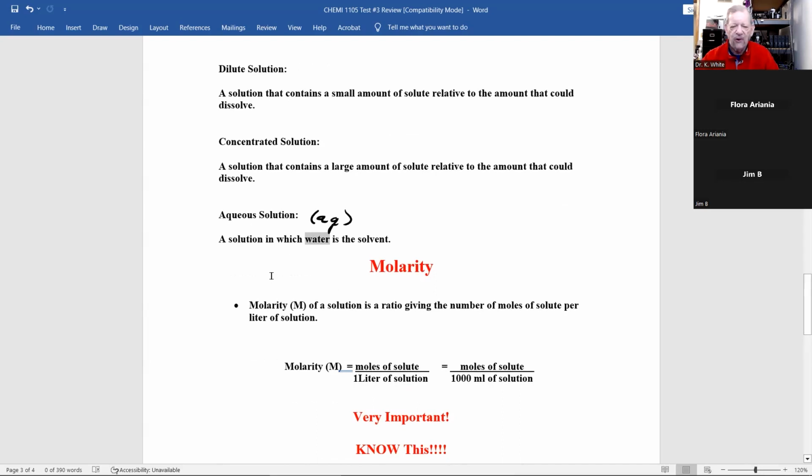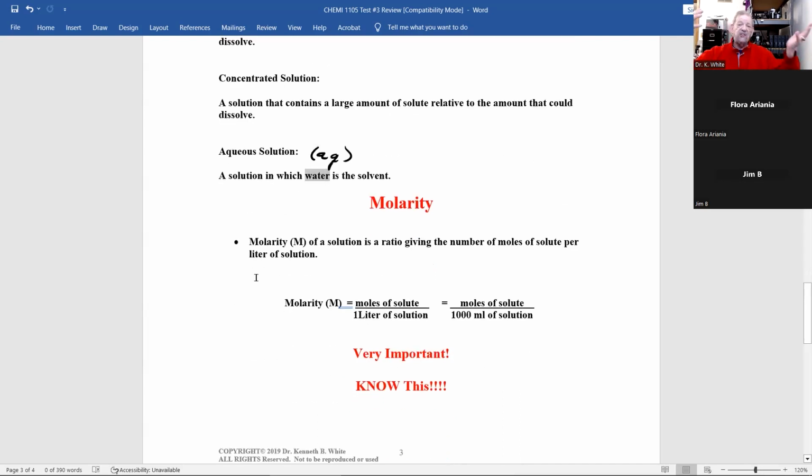Now, when you make a solution, how much solvent and solute are there? Well, that's called concentration. And there are different ways of measuring concentration. In my class, the only one I'm going to ask you to learn is molarity.